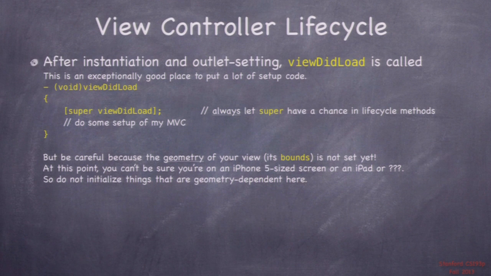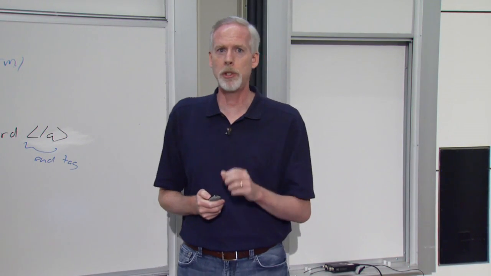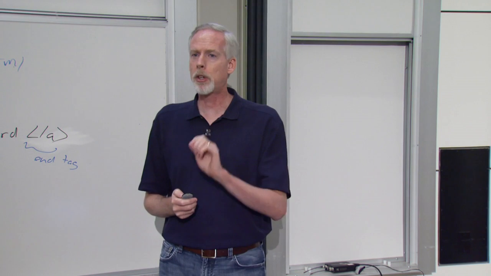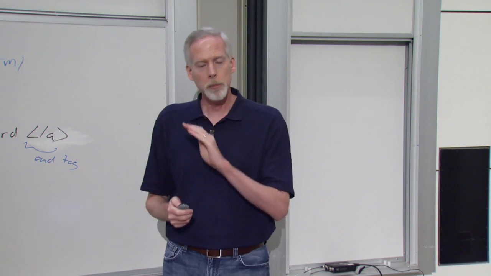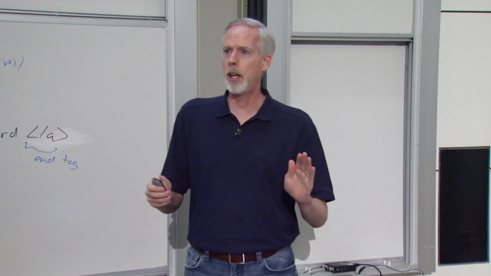So you do not want to put geometry-related code, in other words any initialization that has to do with the shape of your view, in viewDidLoad. That's the major restriction of viewDidLoad. But otherwise, it's a great place because it only gets called once, before you go on screen, after your outlets get set. It's an awesome method. Highly recommend it.